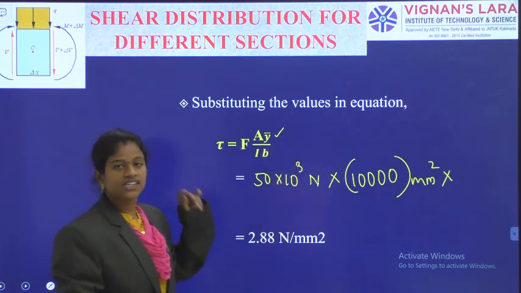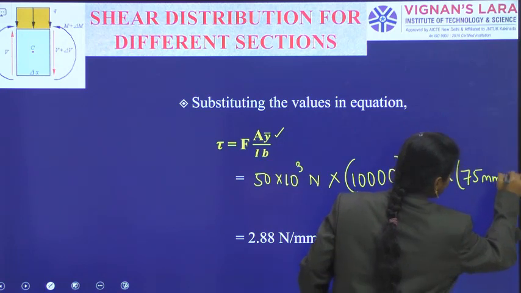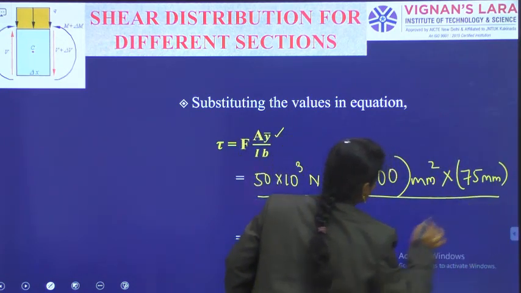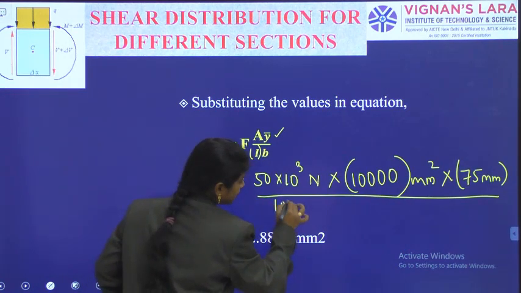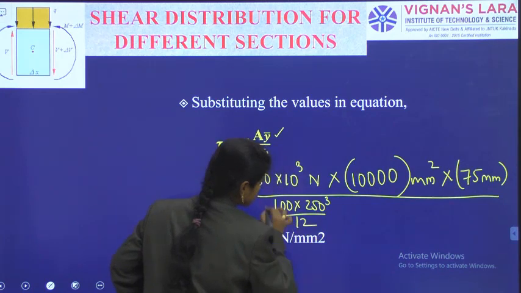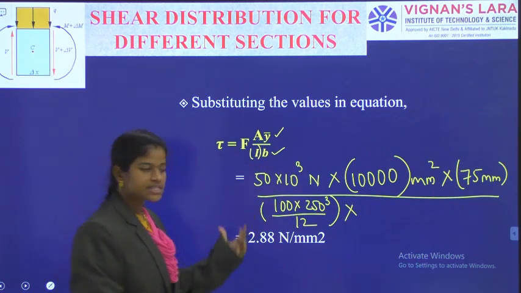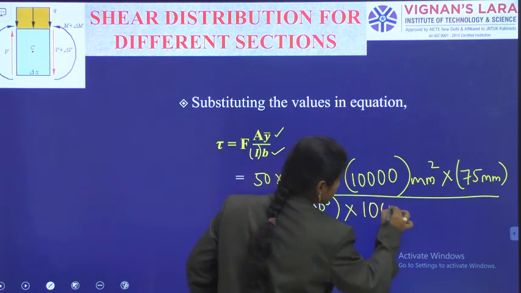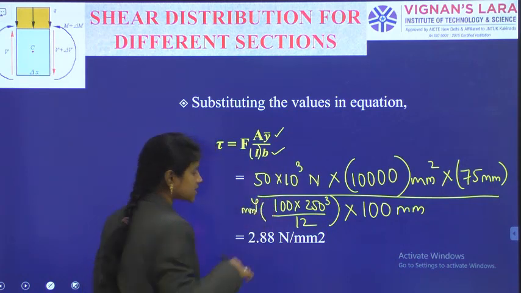Y bar is the distance of the center of gravity from the neutral axis, which is 75 mm. And I is the moment of inertia of the rectangular section, width B and depth D cube by 12, into the width of the beam, which is always 100 only. This is in mm to the power 4.